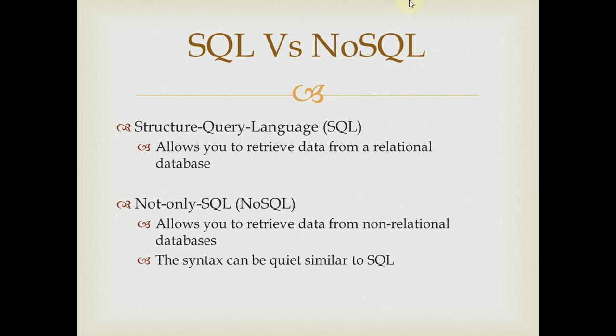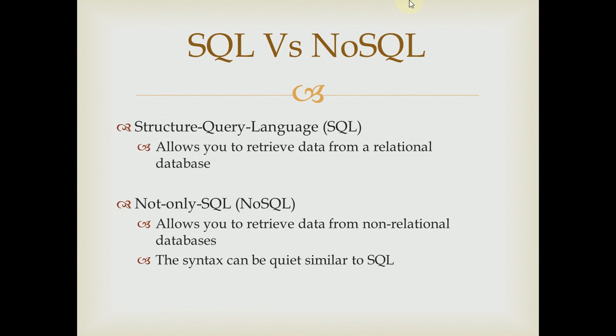I think some vendors have this functionality. For example, Microsoft's Parallel Data Warehouse, also called PDW software, has both functionalities, SQL and NoSQL. But generally, you would see that NoSQL is only used for retrieving data from non-relational databases.